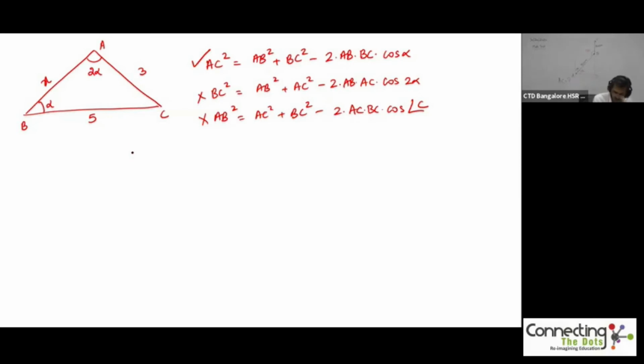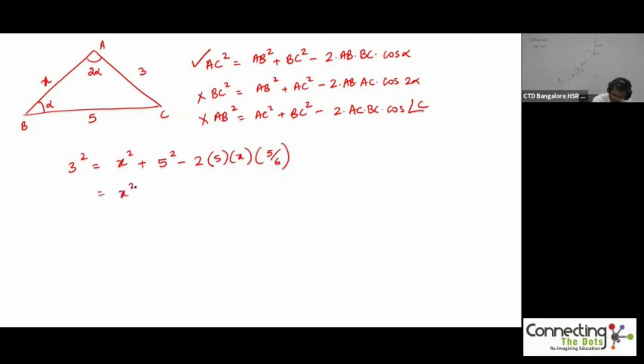What do we have? AC square is 3 square, AB square is x square plus 5 square minus 2 into 5x, and what was cos alpha? 5 over 6.